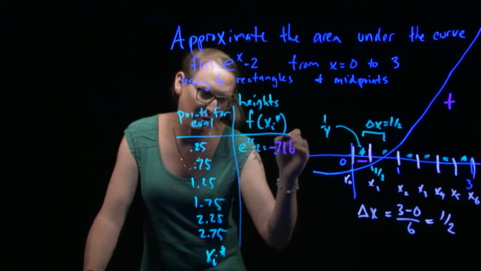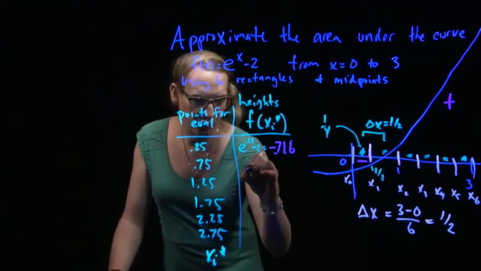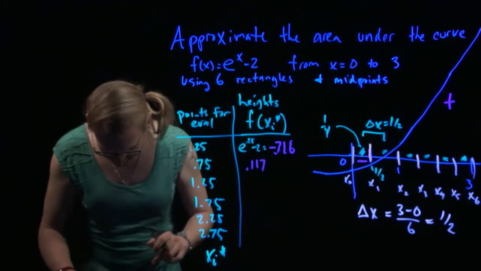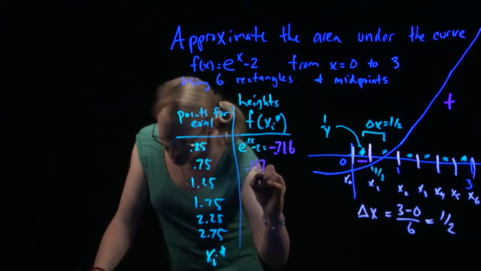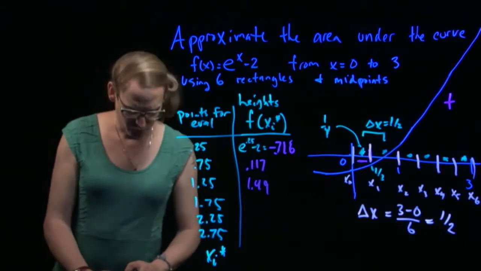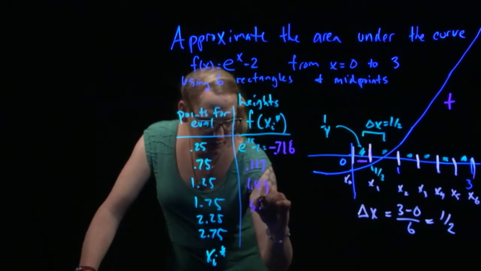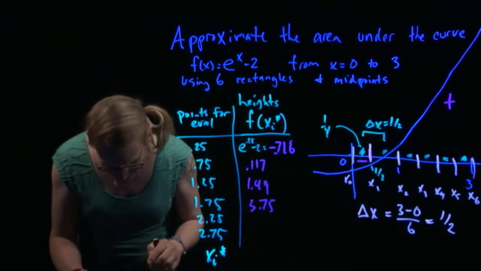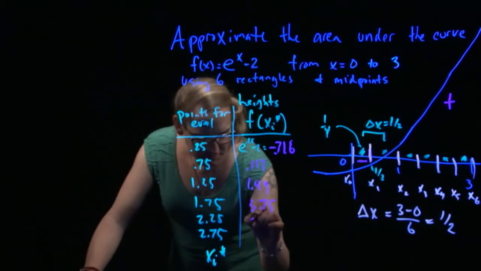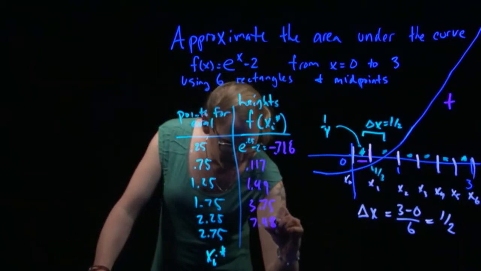I'm going to go to 3 decimal places on this. 0.75, 0.117. 1.25, this is so much faster than typing it in every single time. 1.49. 1.75, 3.75. 2.25, 7.49, because it's a trailing 7 there.